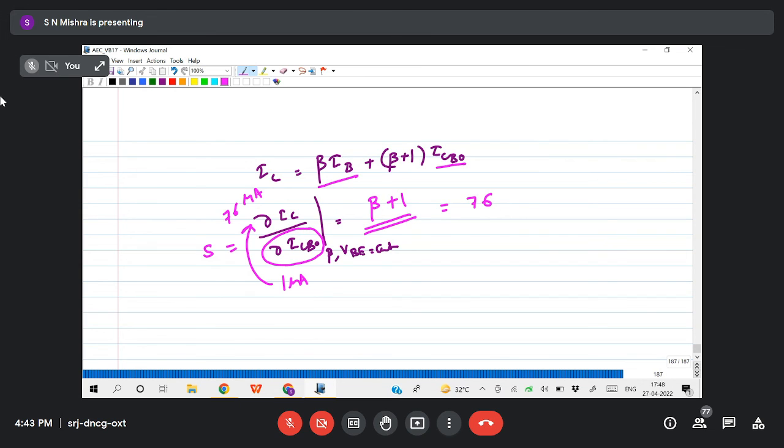So are you understanding or not? I'm saying a change in leakage current one time means IC is changing 76 times.